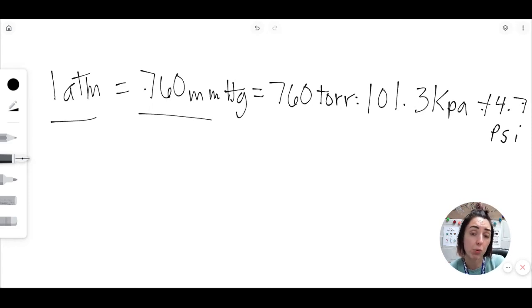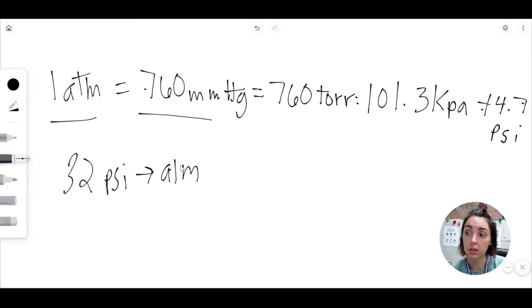So let's do an example where you would have to convert, let's say, PSI. So we have 32 PSI, and I want to convert that to atmospheres. Well, I have 32 PSI. That's what I start with. If I use my dimensional analysis, I know I need PSI on the bottom and atmospheres on the top.